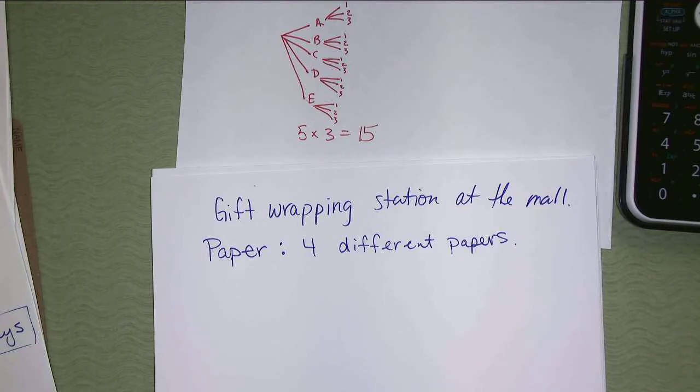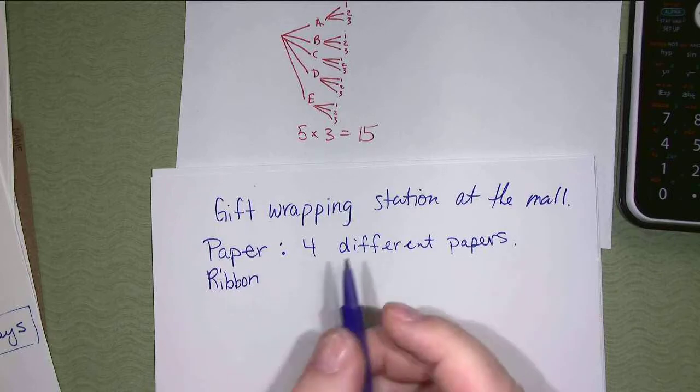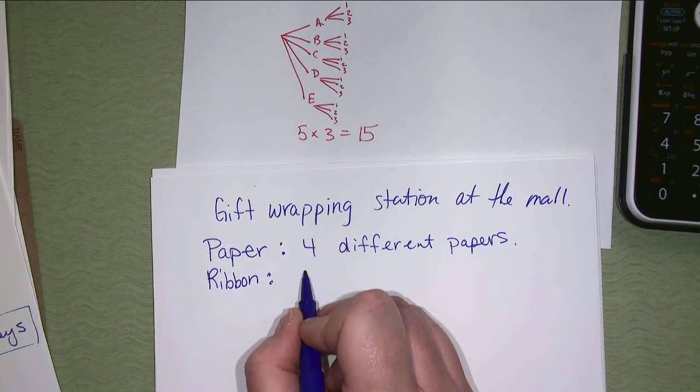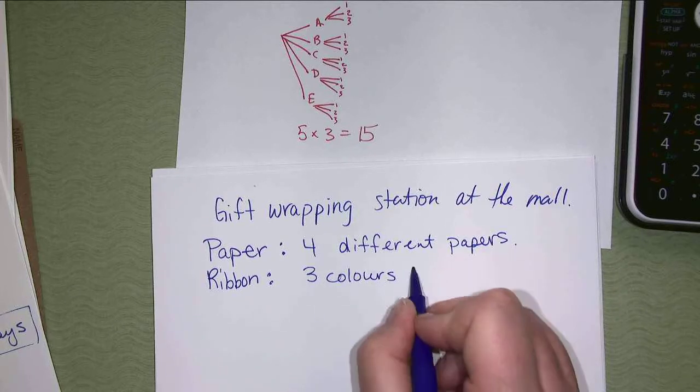Nothing to multiply yet. Let's add a ribbon. So you could pick one of the 4 papers, and then you look up on the wall and say, I want this paper with that ribbon. So that would be a second choice. So ribbon. Let me make it complicated. There's 3 colors in 2 widths.